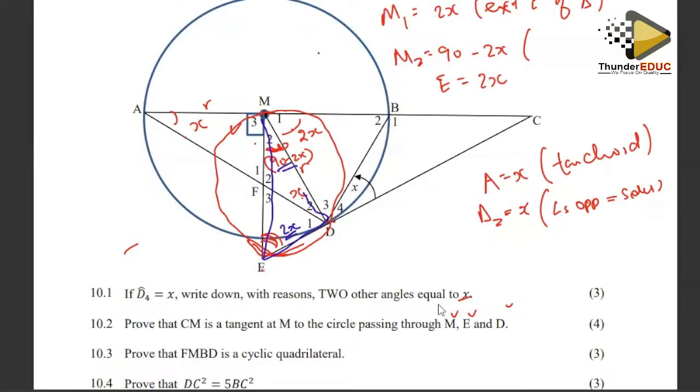And this 2x is the same as the 2x that we found there. Since E is the same as M1, therefore CM is a tangent. And the reason is going to be the converse of the tan chord. So that is how we would have proved that.